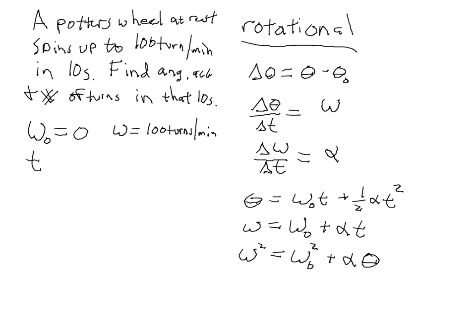Obviously, that's the time. Okay. Find the angular acceleration. That would be alpha. And the number of turns in that 10 seconds. Well, the number of turns, that's angular displacement, so that would be theta.